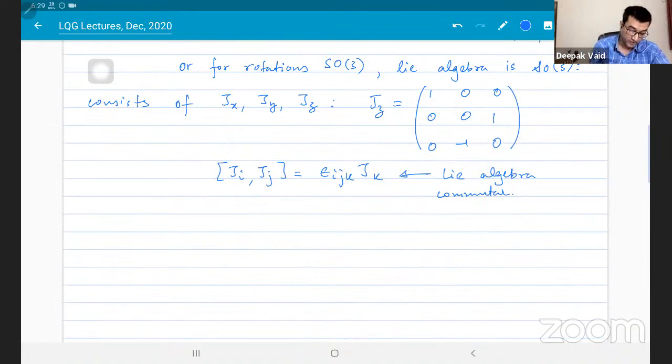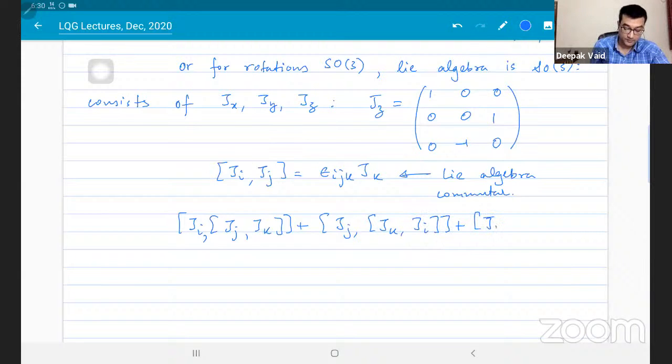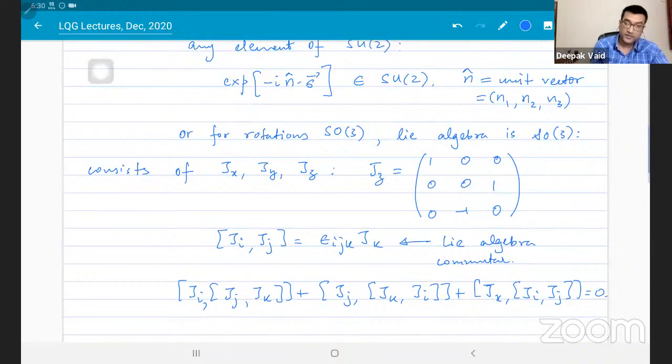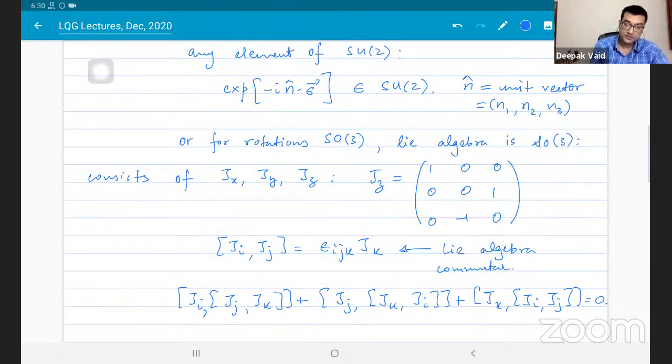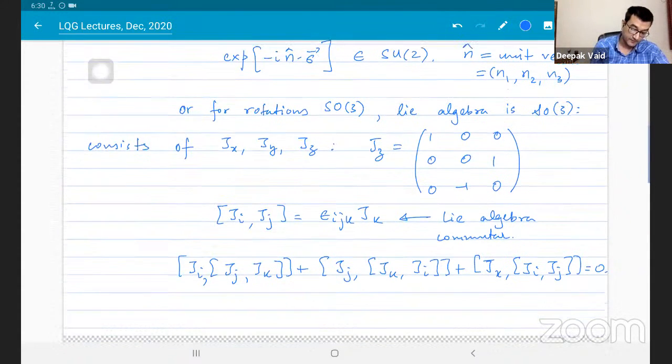In addition to this, they also satisfy the Jacobi identity, which is true for any Lie algebra: if you take the cyclic sum of permutations, you get 0. I hope that you are all familiar with these Lie groups and all. If you're not, then please tell me. I'm assuming familiarity with that.